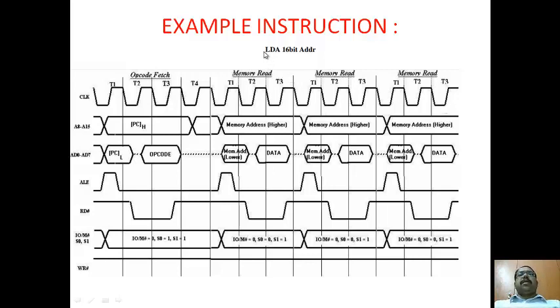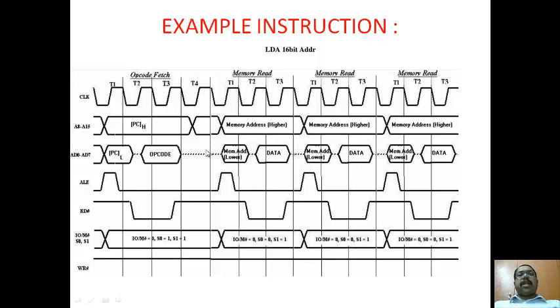I will repeat. Here, LDA is the opcode fetch. Then you have a 16-bit address, which gives the address from where the content is to be loaded to the accumulator. This address has to be read by your processor, so it takes memory reads, followed by the final value, which you bring to the accumulator. So that is again a memory read. Please see here: you will have higher order address, lower order address, opcode.